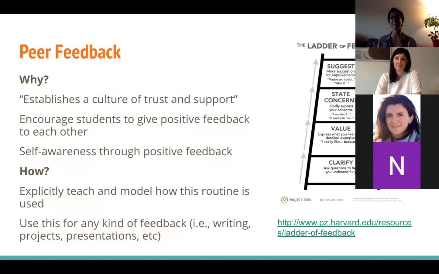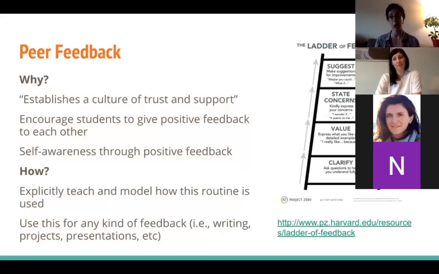And the ladder of feedback is really a much more structured routine that establishes more of a culture of trust and support. A lot of times when we implement peer feedback, or even when we're giving peer feedback to our students, we tend to focus on the deficit. What didn't you do? What is wrong with this?